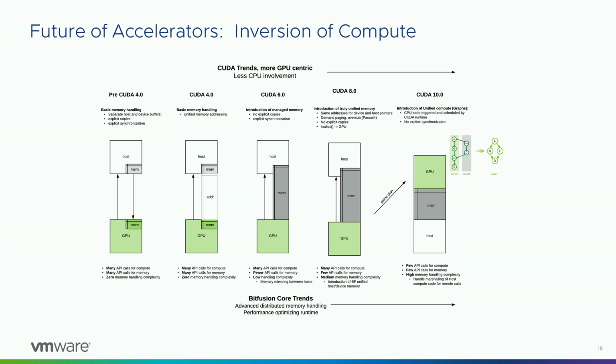Very interesting. Then in CUDA 8, they introduced truly unified memory, where you can just do a malloc, allocate memory, and hand that pointer to the device, and the device can grab it. That's very interesting because typically with any I/O device, whether it's networking, GPUs, or storage, the memory you want visible to the device has to be pinned.